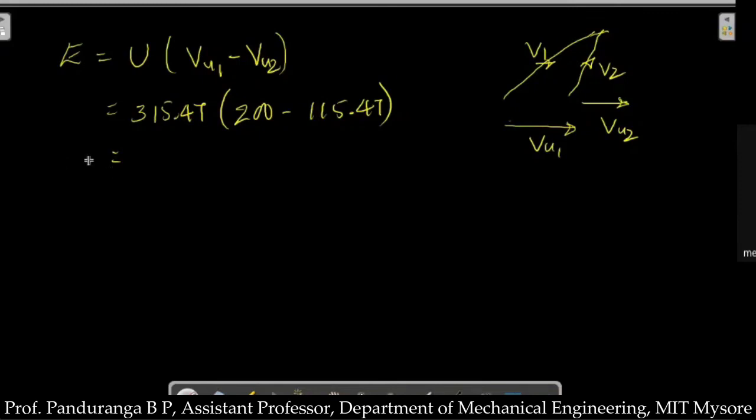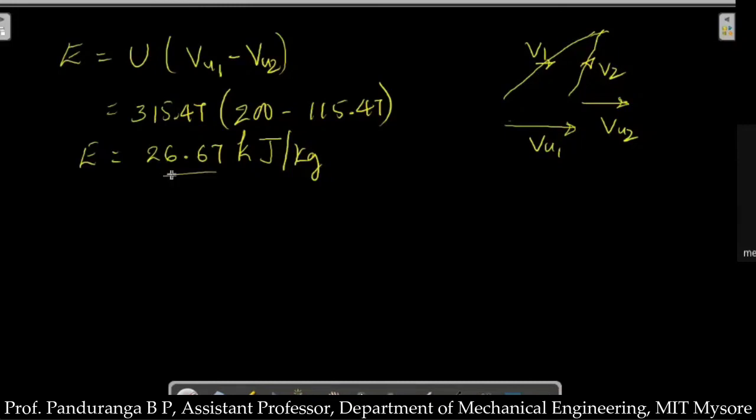So we get energy transfer as, what is the value of energy transfer here? It is 26.67 into 10 to the power of 3. I'll write it as kilojoule per kg. We have not multiplied the mass flow rate, so this will be in joule per kg.